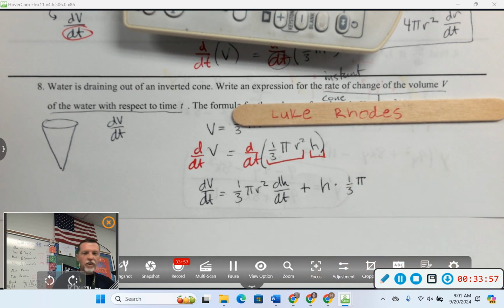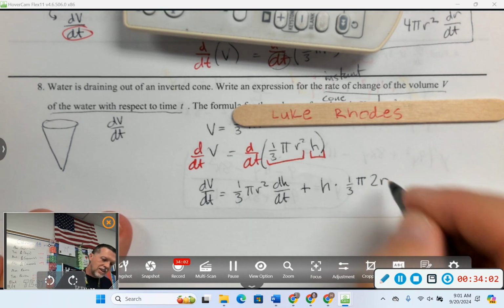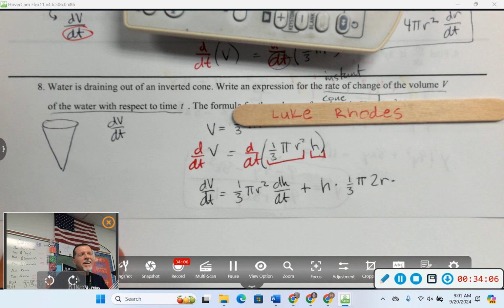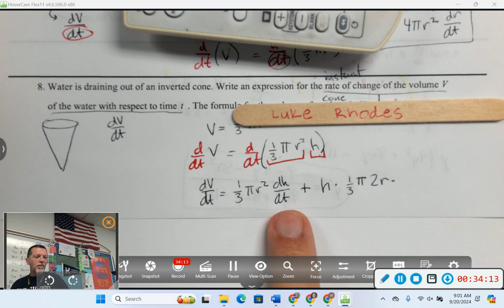What's the derivative of r squared? 2r times r prime. R prime is right, but I'd rather you write it as something with respect to.